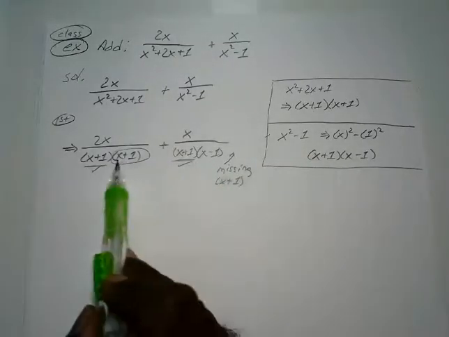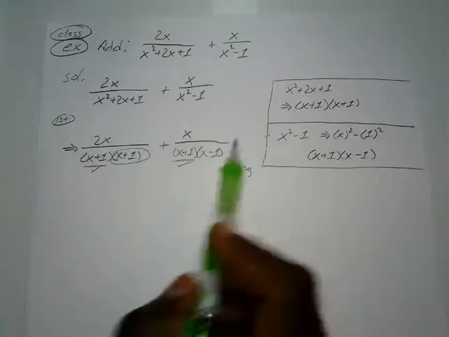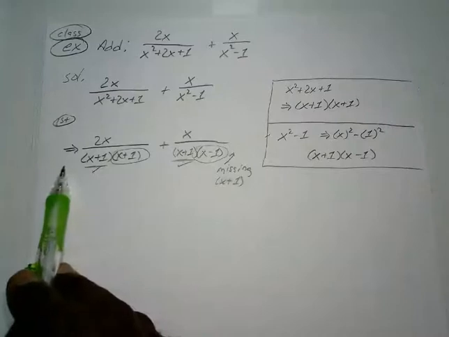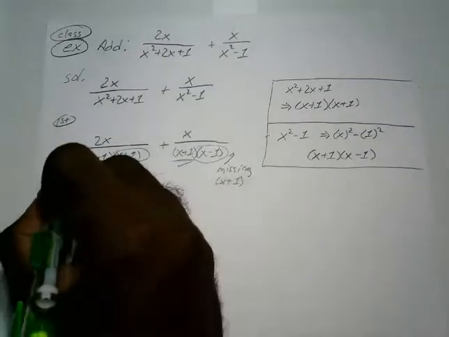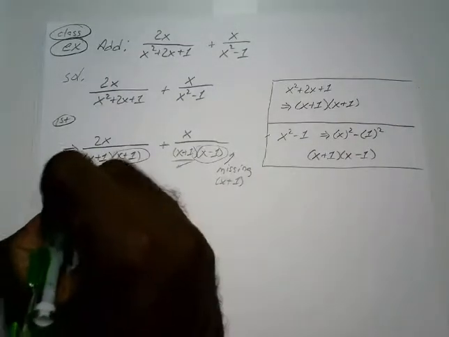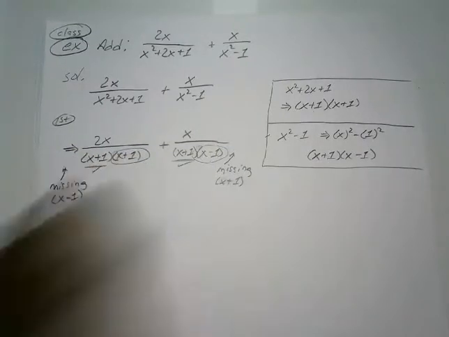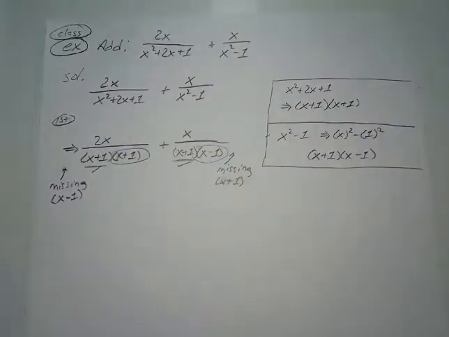Now if you look on our second term, we have an x minus 1 here, but we don't have an x minus 1 here. So we're missing our x minus 1. Okay.